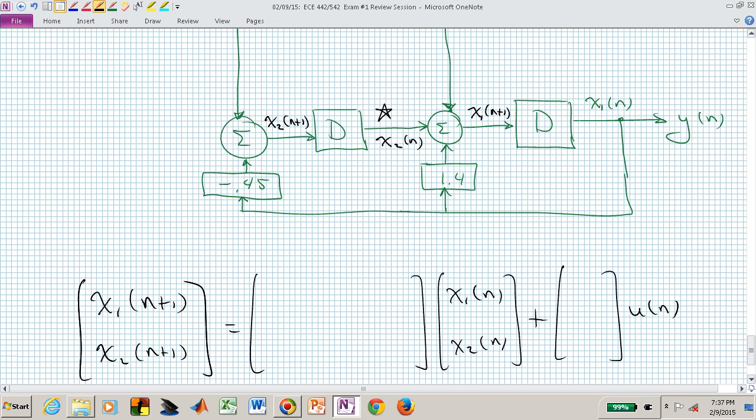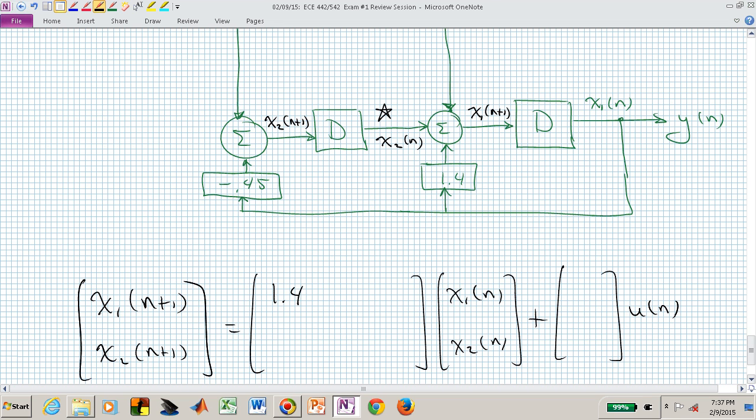x1 of n plus 1 is 1.4 x1 of n. Is there anything else in the top row of that system matrix? Now I'm basically trying to find what the output of that summing junction is equal to. That's this output. It has to equal what's coming into that summing junction. And I've already accounted for 1.4 x1 of n. Another term is x sub 2 of n.